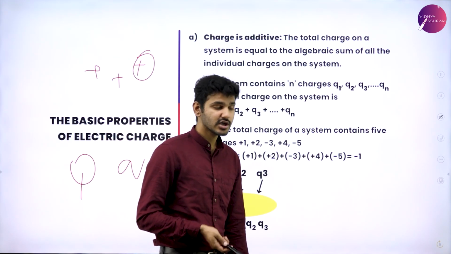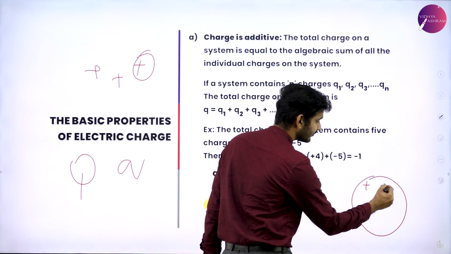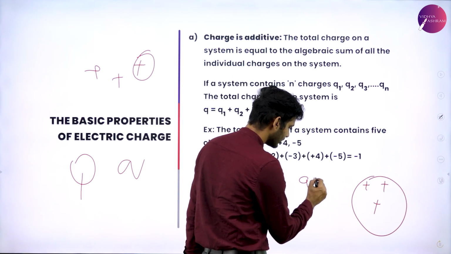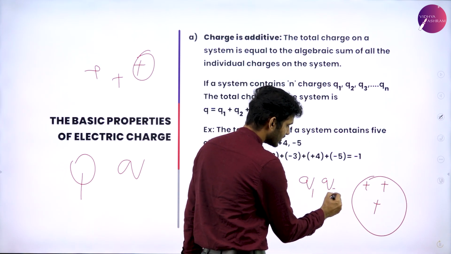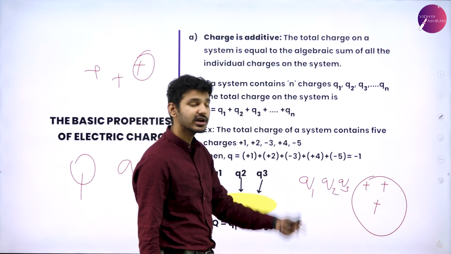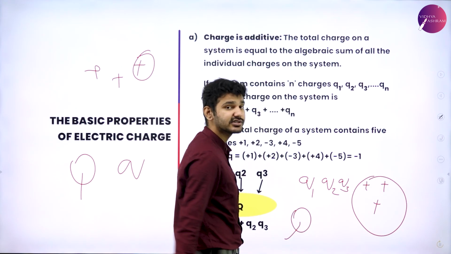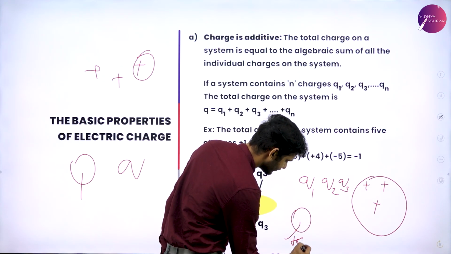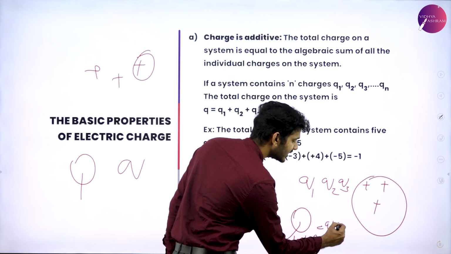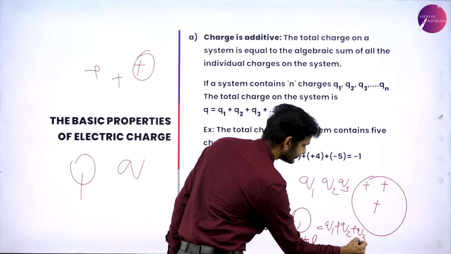So let's say that you have a metal sphere having 3 charges: Q1, Q2 and Q3. So what is the total charge? Let's say capital Q is the total charge. Then it is simply Q1 plus Q2 plus Q3.